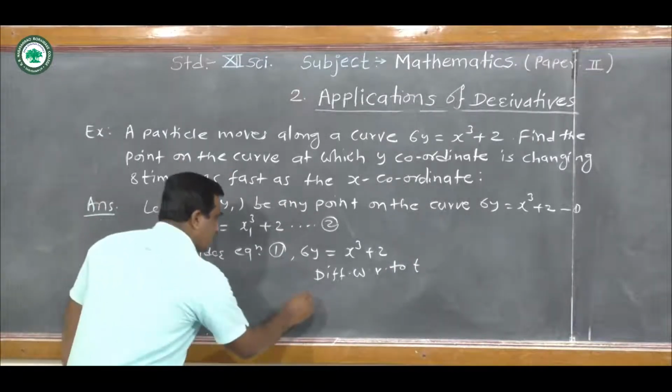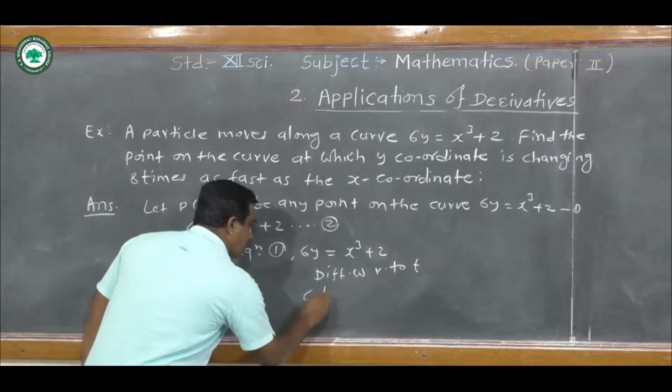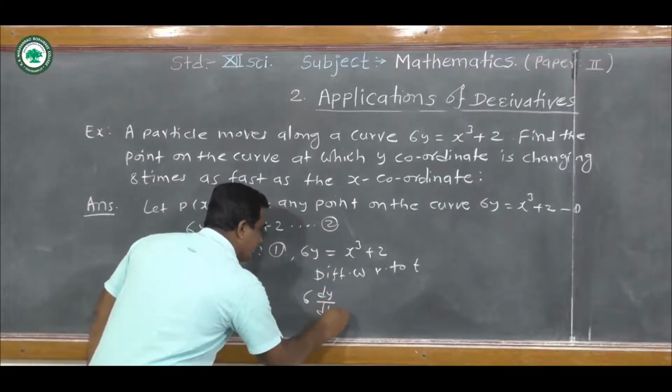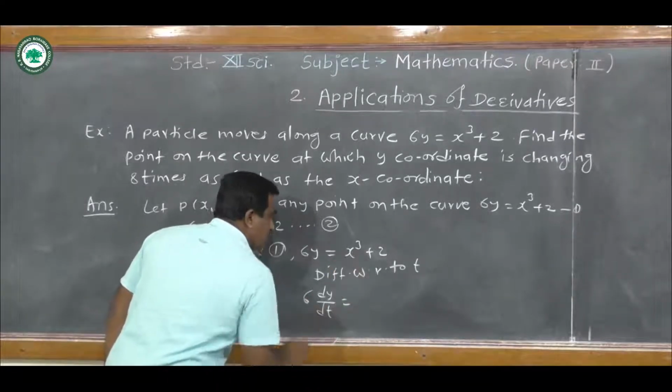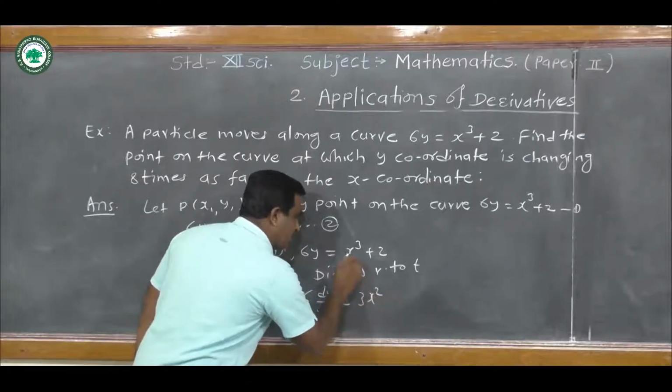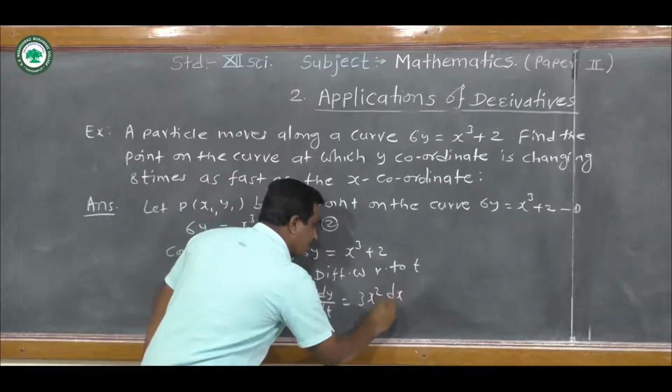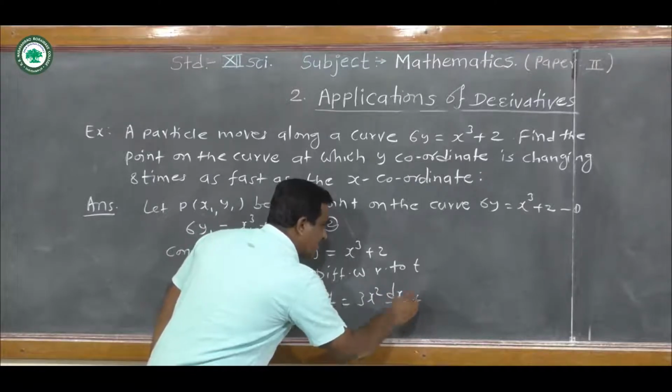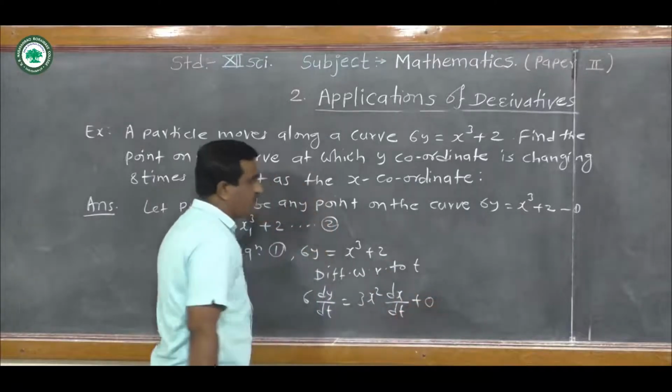Therefore, 6 as it is, derivative of y is dy by dt, equal to derivative of x cube with respect to t, 3x square into derivative of x, dx by dt, plus derivative of 2 is 0.